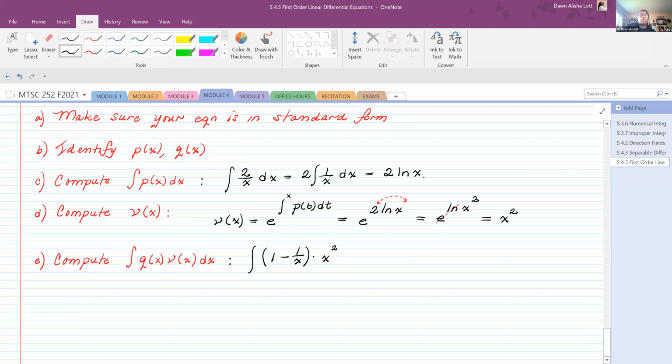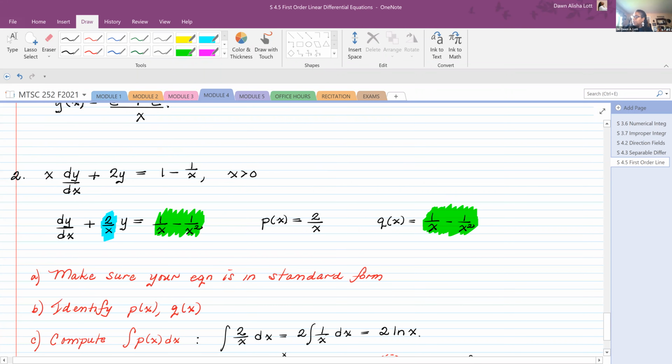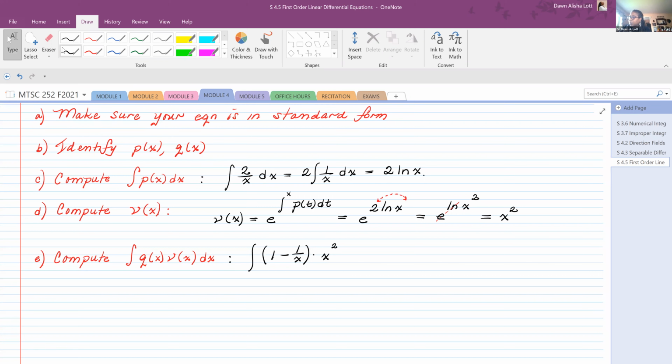I think this is wrong. It's 1 over x minus 1 over x squared times x squared dx. Oh, that's nice and easy. That's the integral of x minus 1 dx. And that turns out to be 1/2 x squared minus x plus a constant.